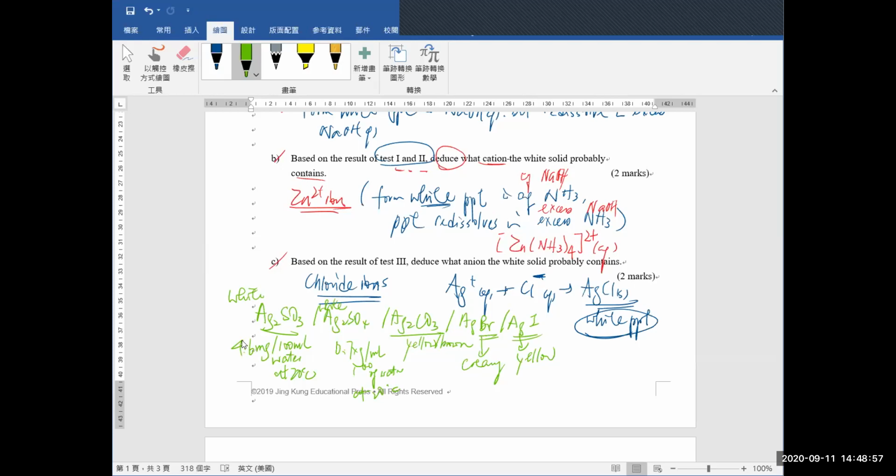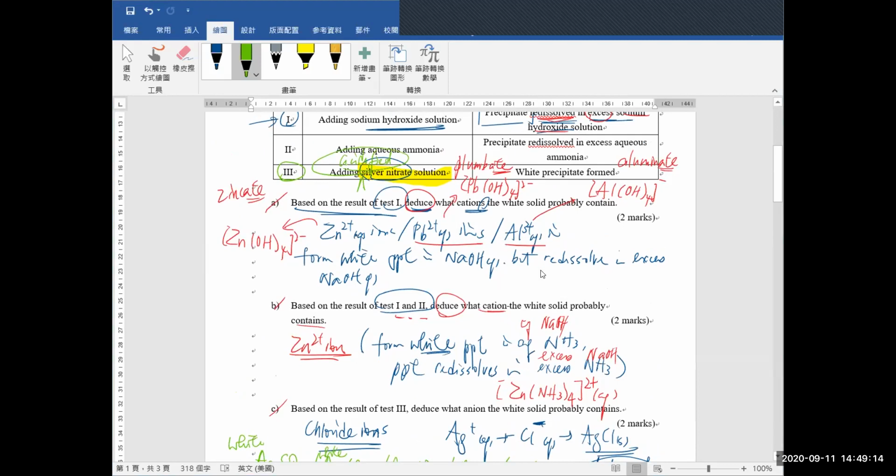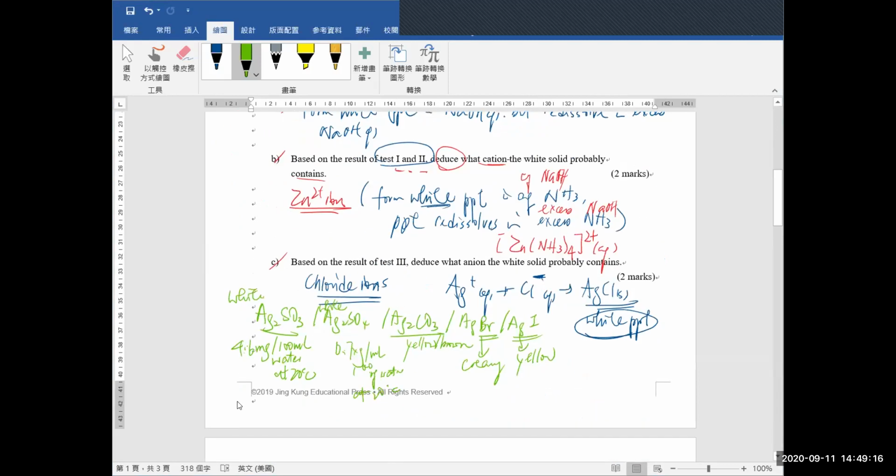So remember, you need to be aware of the color of the PPT, and you need to know this. So if I place it in acidified silver nitrate solution, what possibilities can be ruled out?